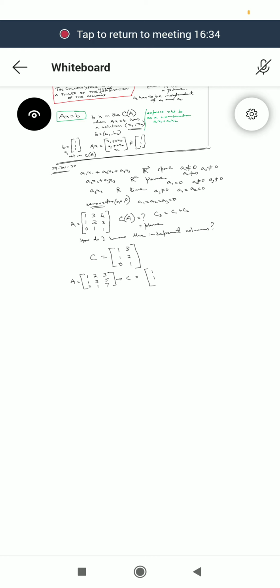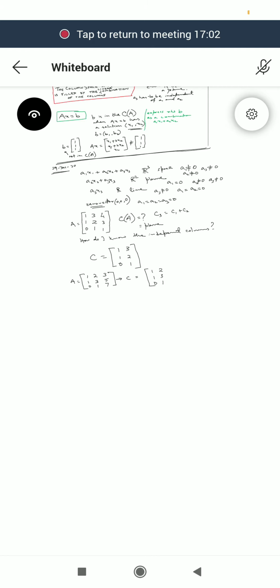Non-zero, so the first one. Let us talk about the second one, 2 3 1. Is it a multiple of 1 1 0? Is there any scalar quantity with which if I multiply 1 1 0 it becomes 2 3 1? The answer is no. So I'll put 2 3 1. Now 3 5 7.